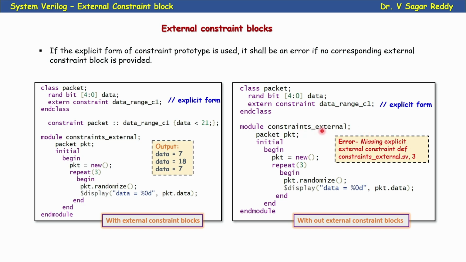There is no external constraint block for the given prototype data range C1. Whereas if it is an implicit form, it won't give an error.